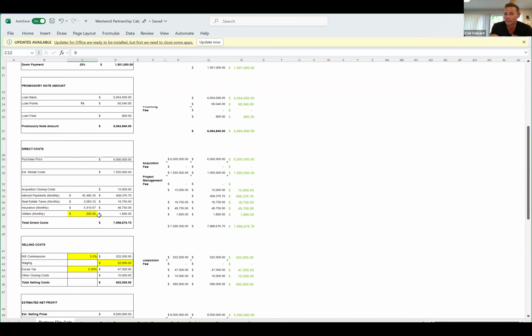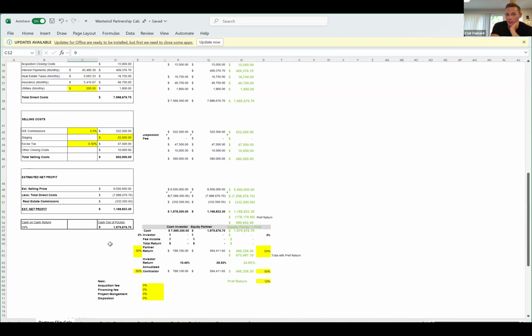This is why we want to let the Performa speak for itself. The profit on this deal is going to be $1.168 million, which is, as you guys can see, a 59% return. So it's no different than what we are doing in Seattle. It's just a different product that requires a lot more cash. So on this deal, I'm coming up with roughly 1.9 million to do the deal.